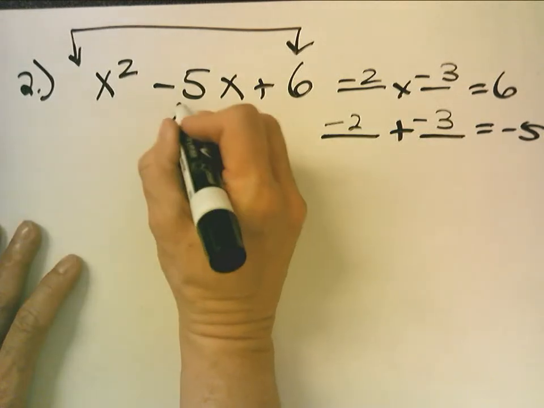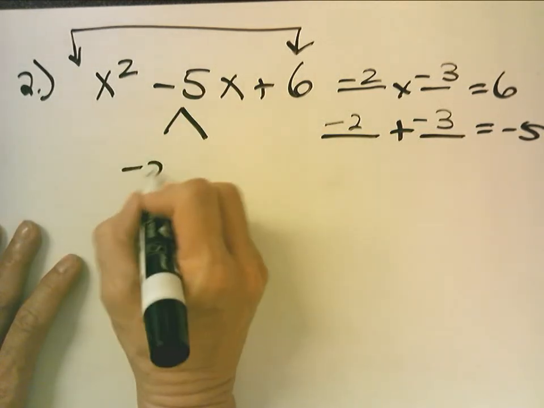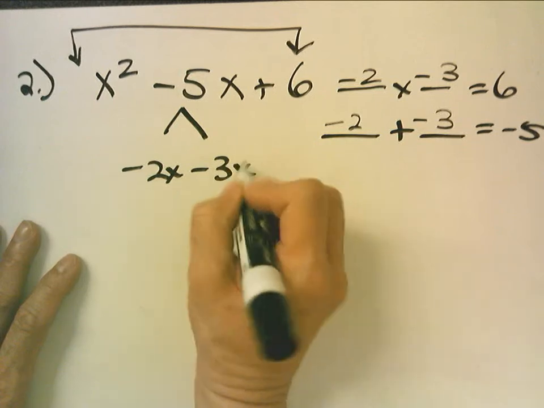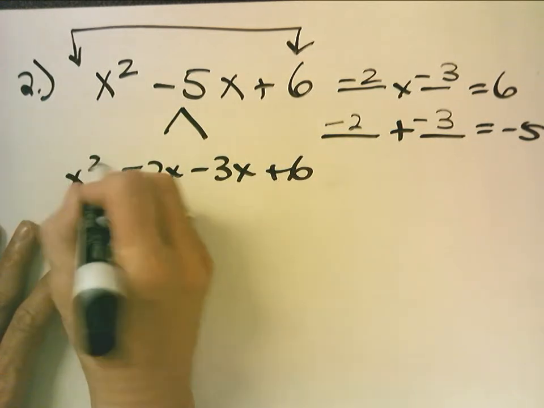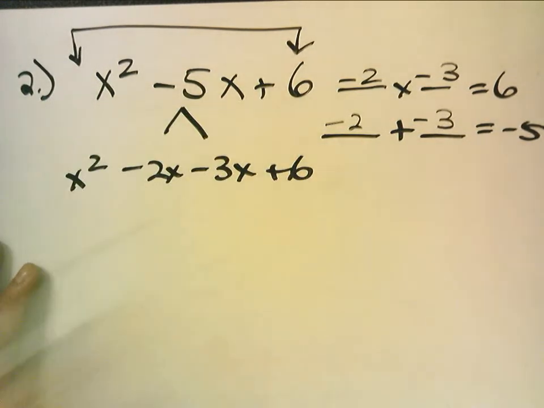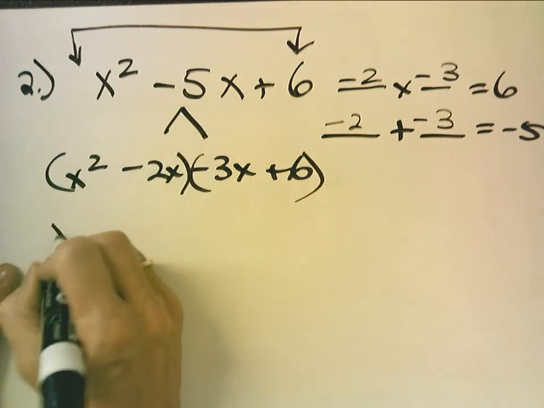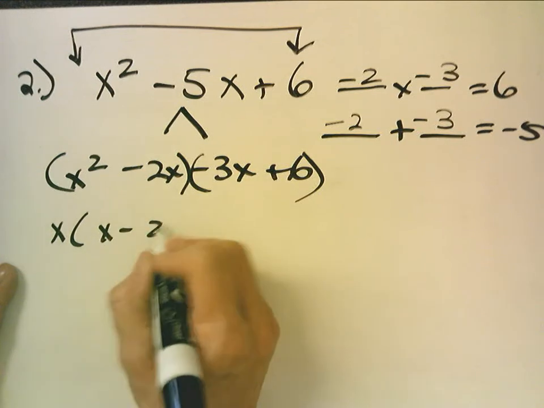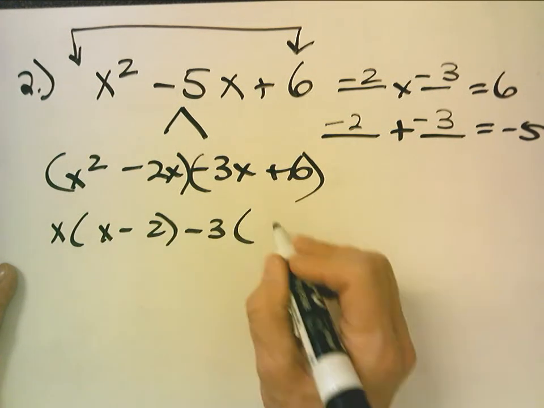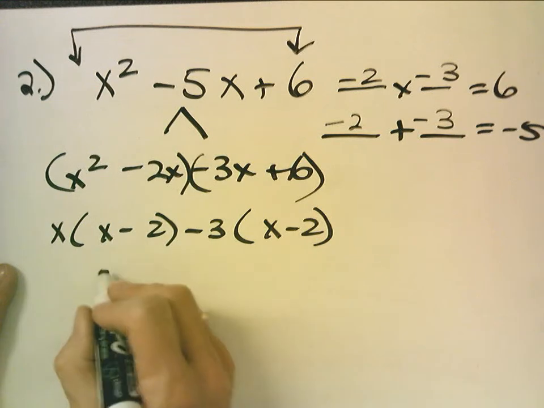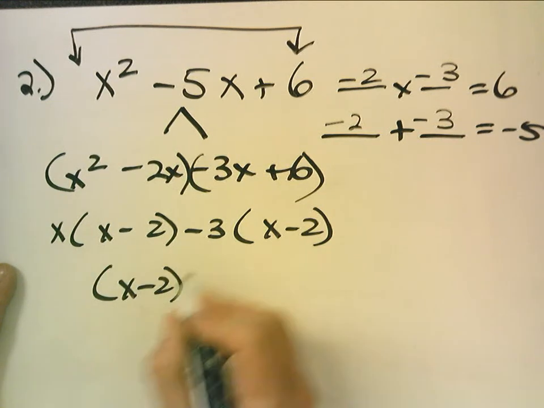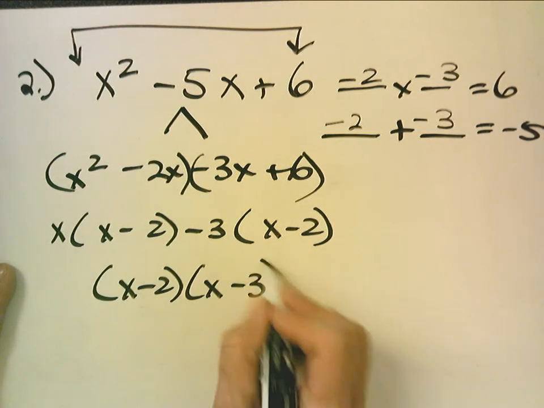So that means I'm going to break negative 5x into negative 2x minus 3x. So again, I have broken down my 3-term trinomial into 4 terms that I can factor by grouping. So this becomes x minus 2. I factor out negative 3, x minus 2, and I get x minus 2 times x minus 3.